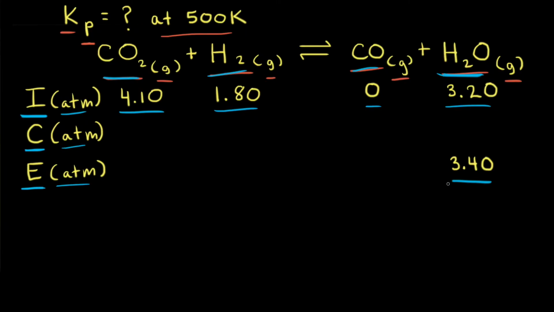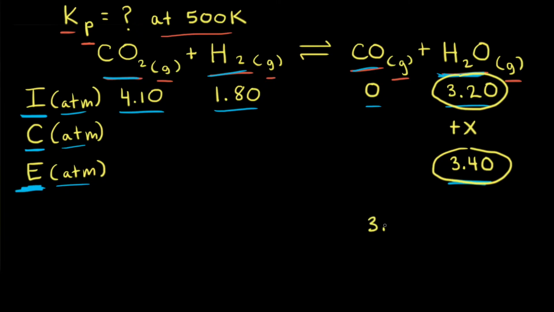So that's why we have 3.40 in the equilibrium part of the ICE table under H2O. The initial partial pressure of H2O is 3.20 atmospheres, and the equilibrium partial pressure is 3.40, so H2O has increased in partial pressure. We can write plus X for an increase in the partial pressure of H2O.